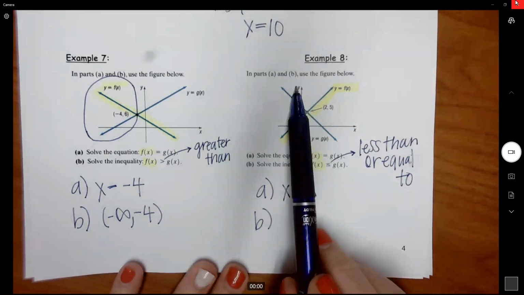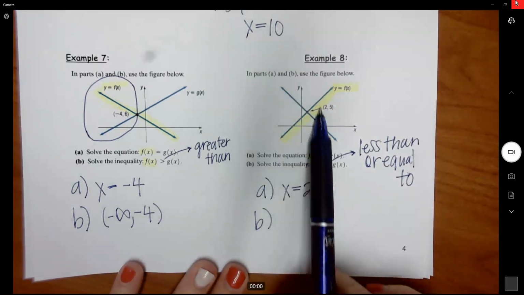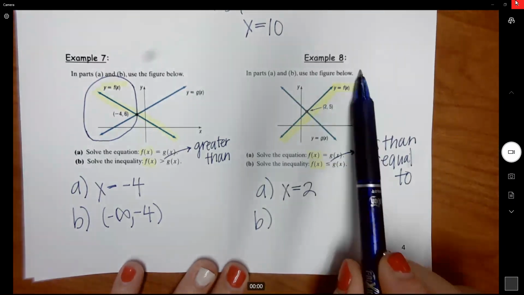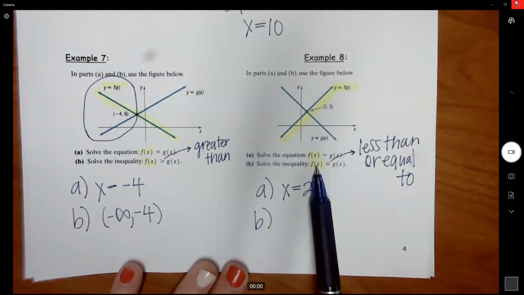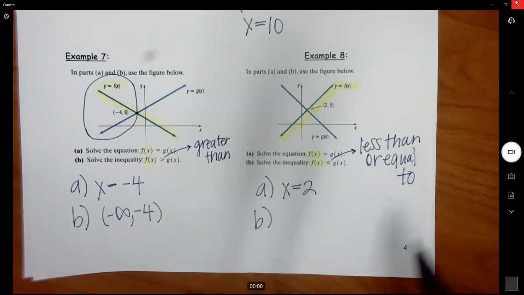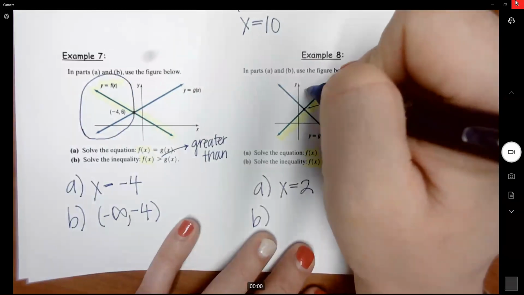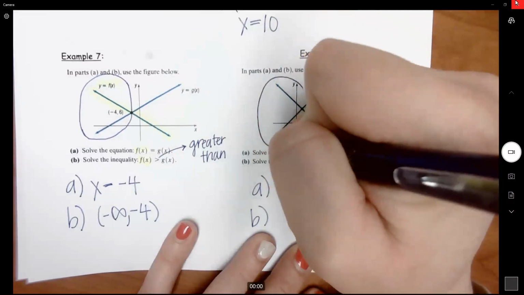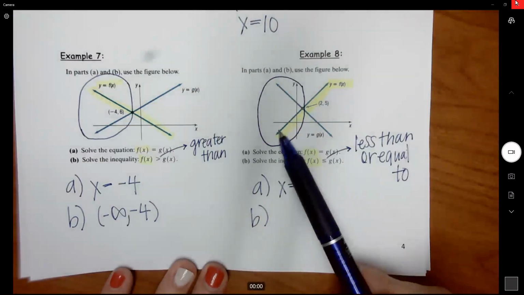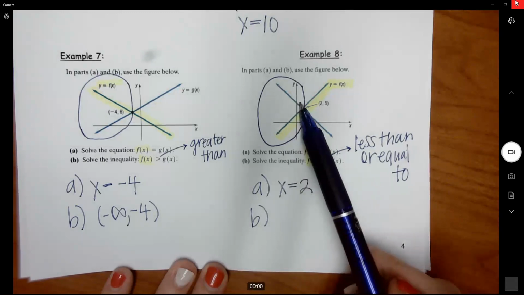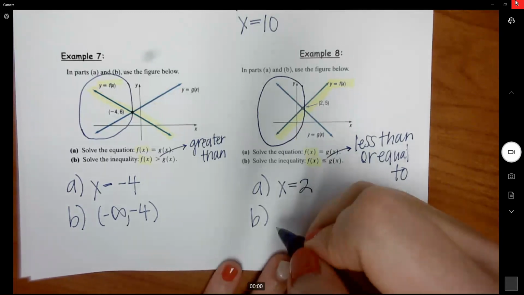So is that going to be over here on the left, or over here on the right? When is my highlighted portion less than or below my g of x? It happens to be the same side. Now, my f of x is less than my g of x.